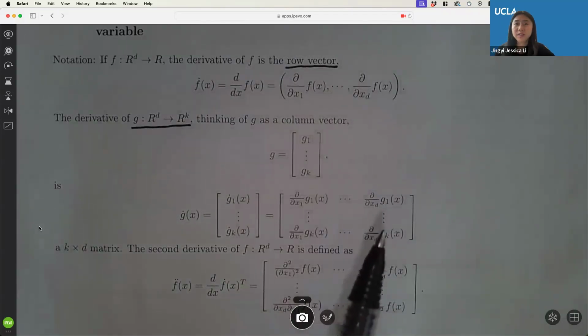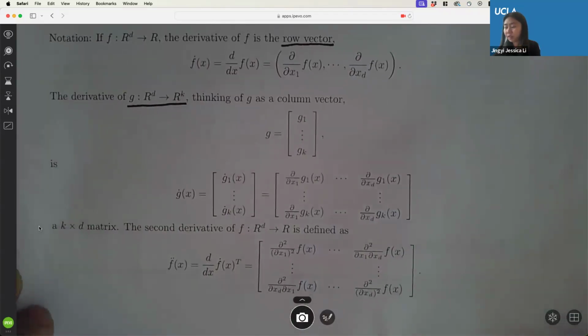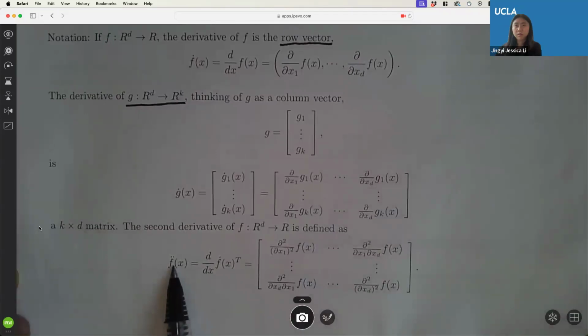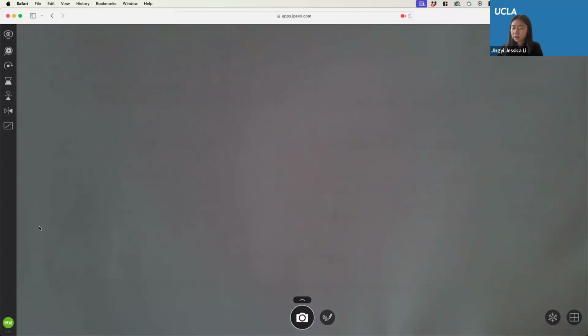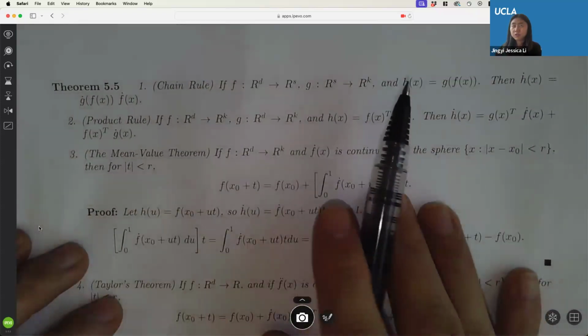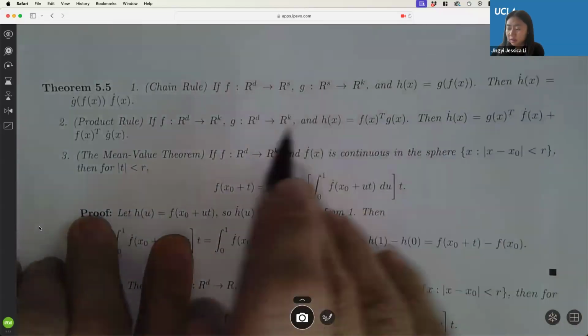This is the second derivative, also called the Hessian matrix for this function f, and we put f double dot on top. These are some results you should have learned from calculus, but now we're showing you the matrix form.